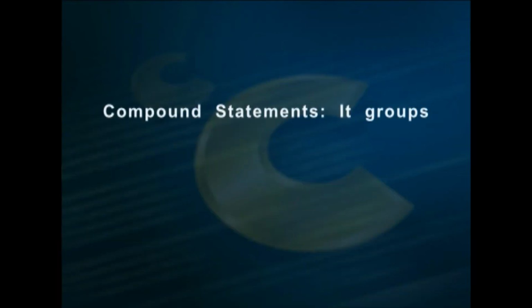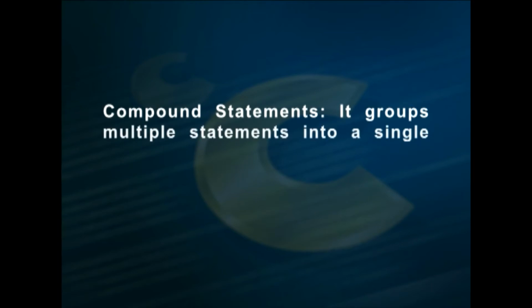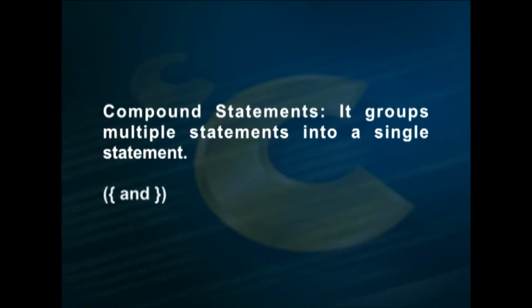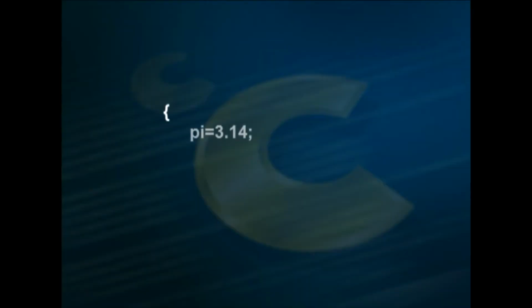Compound statements. It groups multiple statements into a single statement. It consists of multiple statements and declarations enclosed within curly braces. For example, start curly brace, pi = 3.14; area = pi * radius; close the braces.